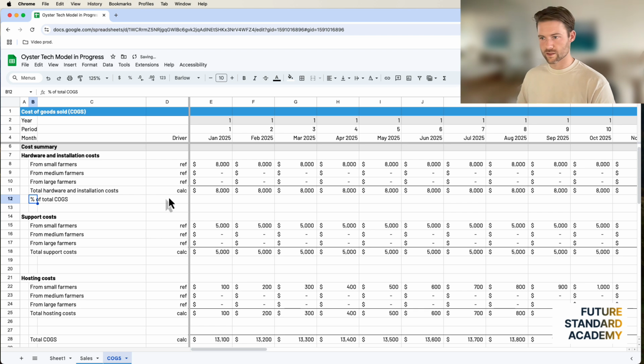So hardware and installation costs, percent of total is going to be this divided by this. And I'm going to lock that cell there. Can't do my hotkeys. That's going to go there. That's going to go there.